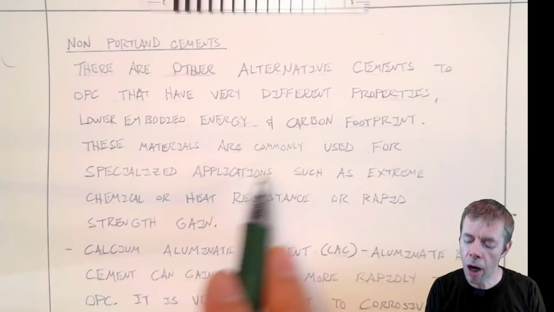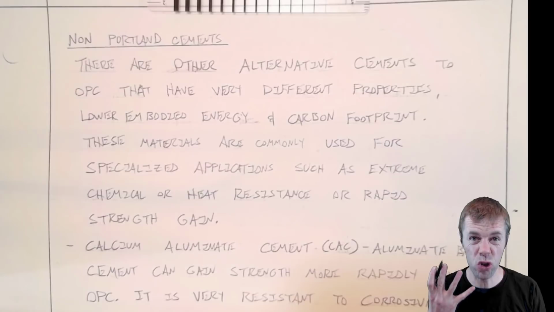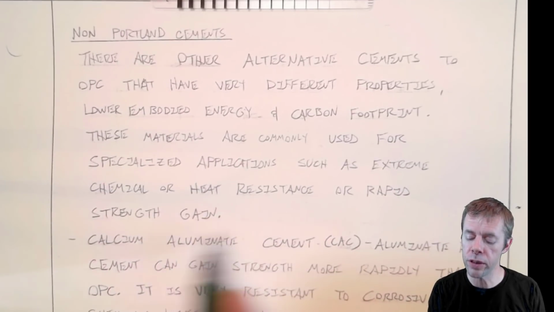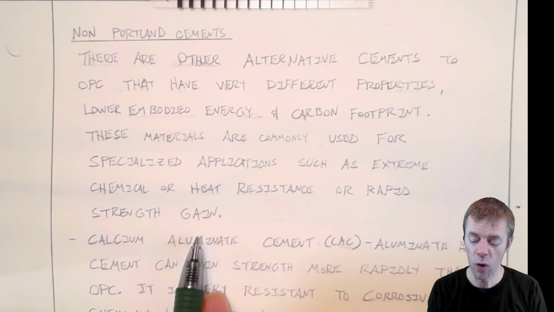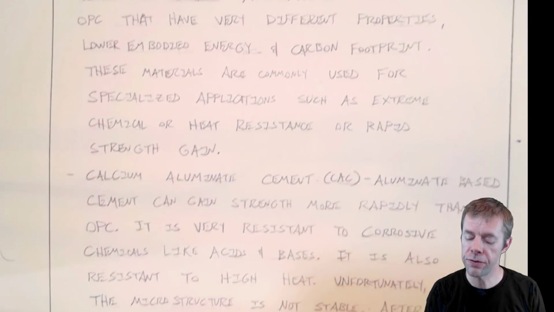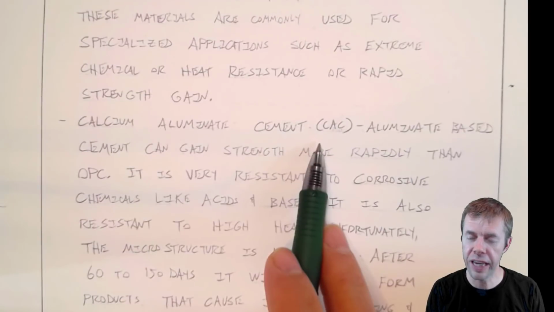And these materials are commonly used for special applications, such as if you have extreme chemical or heat resistance needs, or if you need really, really rapid strength gain, or if you're concerned about shrinkage. Let's talk about our first alternative cement. Calcium aluminate cements, also called CACs.